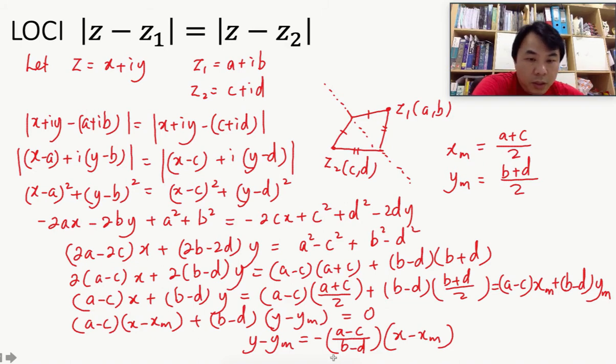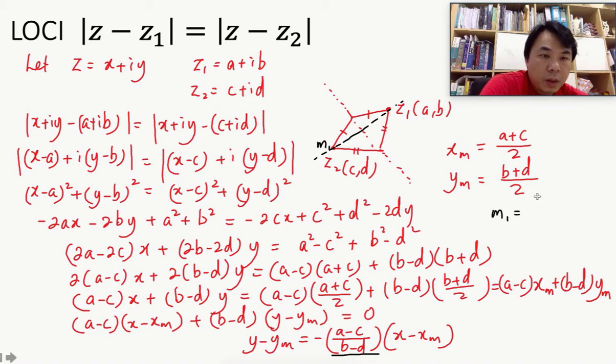If you observe closely, this gradient, a minus c divided by b minus d, is a reciprocal of this. Now, if I draw a line that connects z1 and z2, I will be able to obtain the gradient for z1 and z2, which is given by b minus d divided by a minus c.